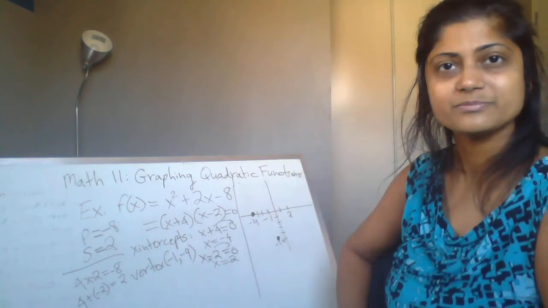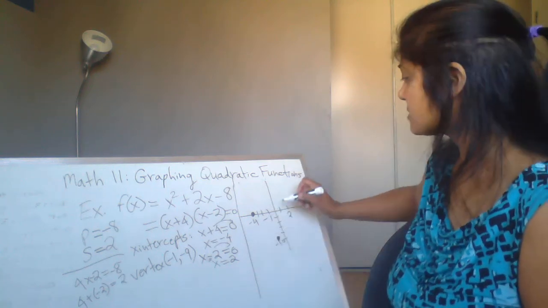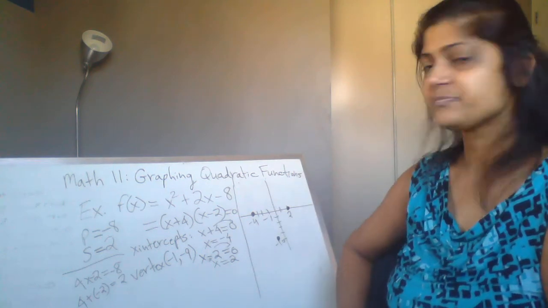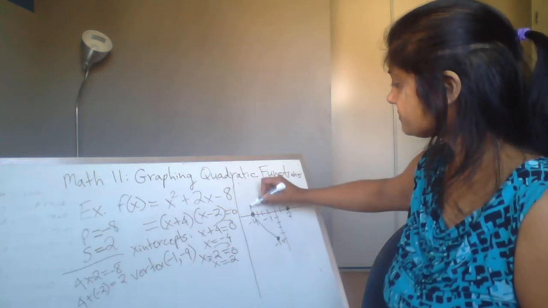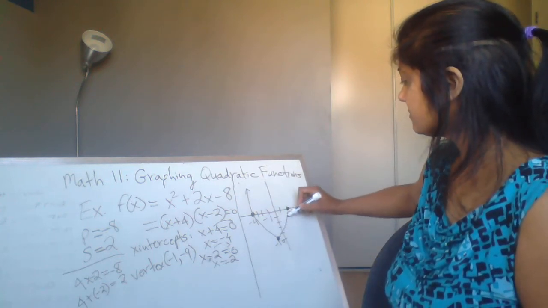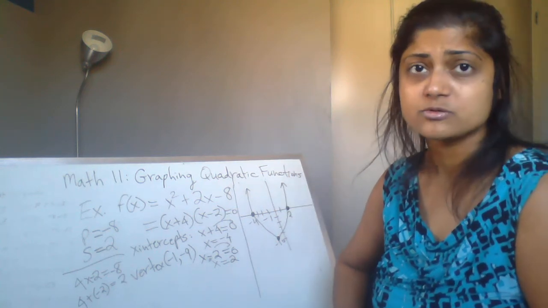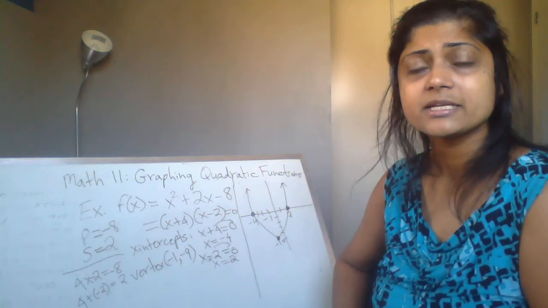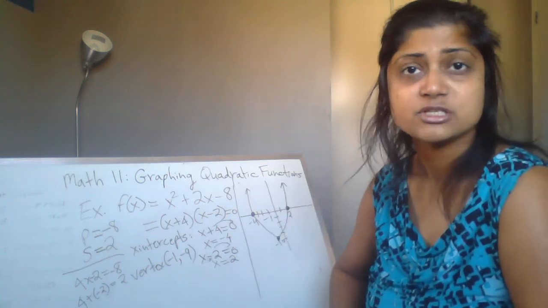That's one of them, and the second x-intercept was at +2. So I'm going to make a dot right there. And right here, I'm going to join these 3 dots together. On your parabola, make sure you're always putting the arrows. What the arrows indicate is that the graph just keeps on going upwards and it never stops.